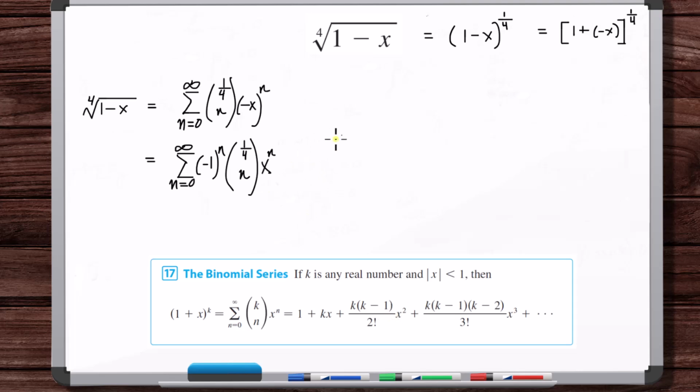Now, this is a little confusing, this coefficient here. We know that a choose b is a factorial over a minus b factorial times b factorial. But you can't take a factorial of something that's not an integer, right?